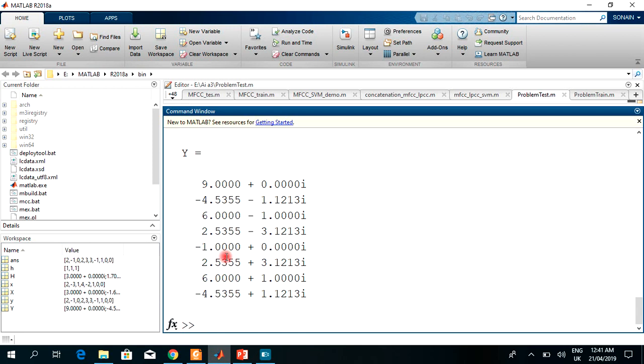Now I apply inverse FFT to verify whether convolution in time domain is multiplication in frequency domain or not.